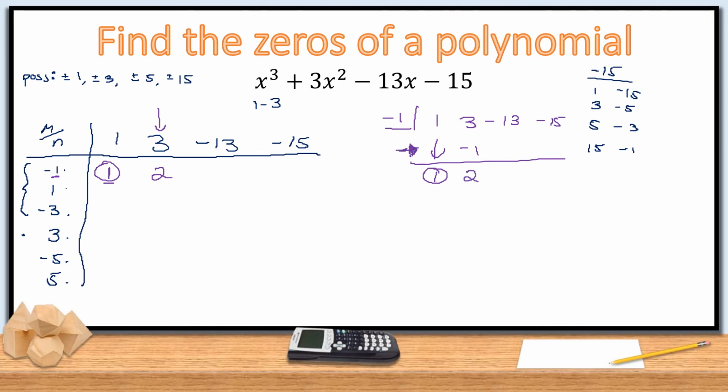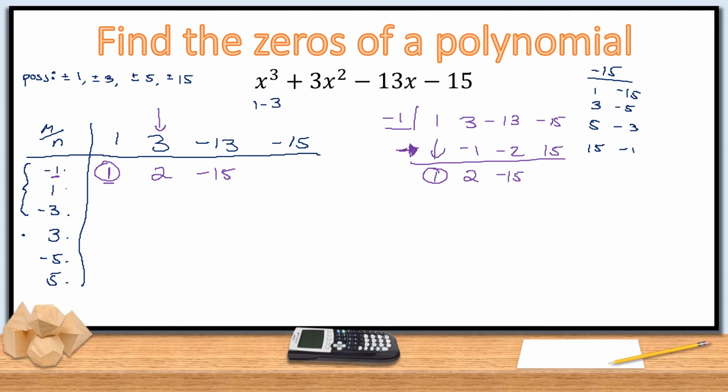We're saying we're going to hold whatever that number is in our head. So when I do 2 times minus 1, it's negative 2. I'm going to hold that number in my head and then add it to the negative 13. So that's going to be negative 15. And then negative 15 times negative 1 is positive 15.